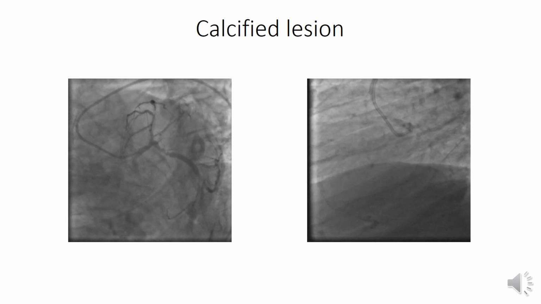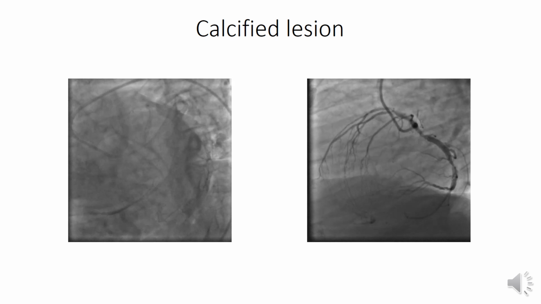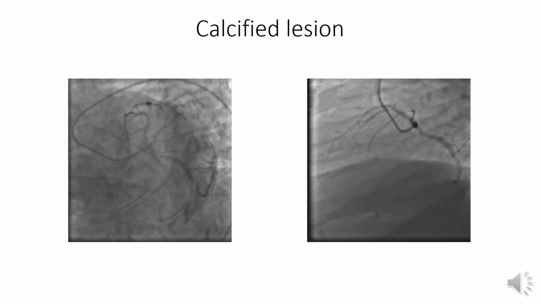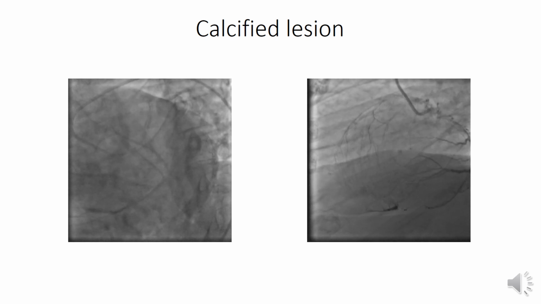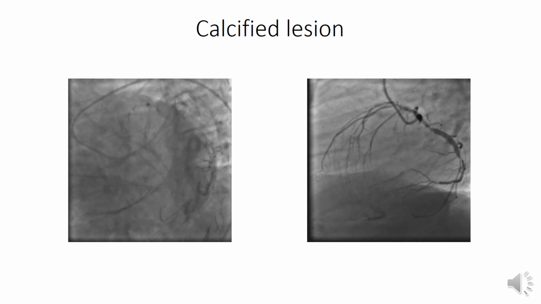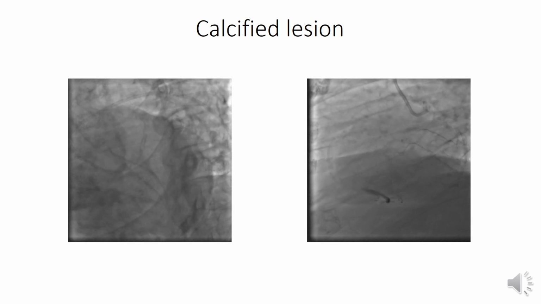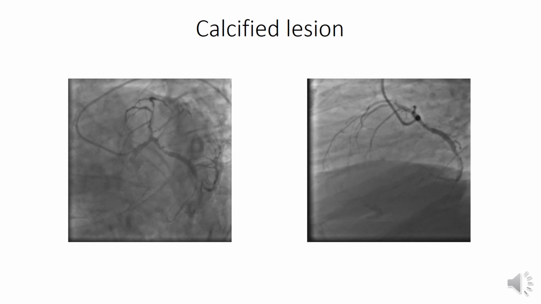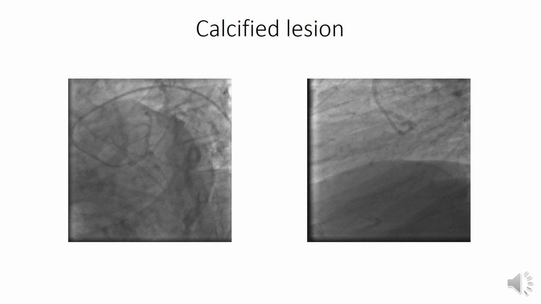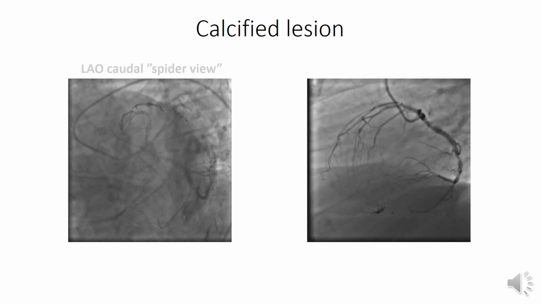Here is a spider view or left caudal view, and here is lateral view. So if we have calcification that is seen in 2 orthogonal views, that means it might be exceeding 180 degrees of the vessel, or what is called circumferential calcification.